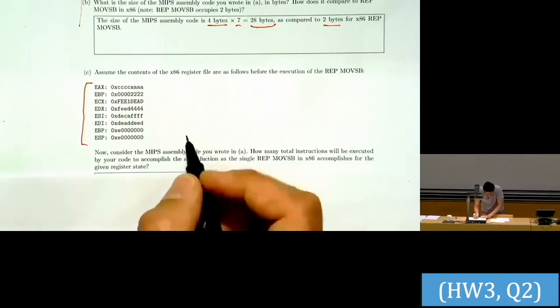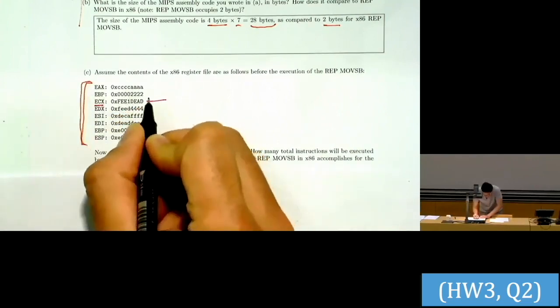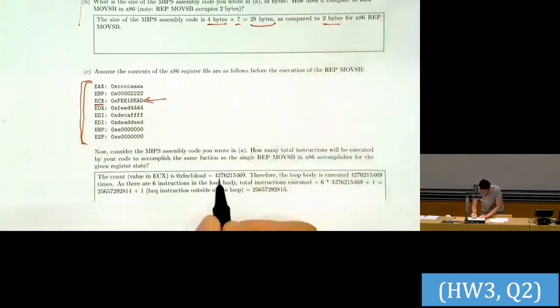The given register state is this one here, and as you can see, this register ECX has this value. This is a hexadecimal representation, but if we convert it to decimal, it is this number here.